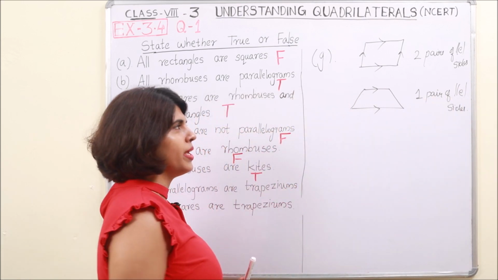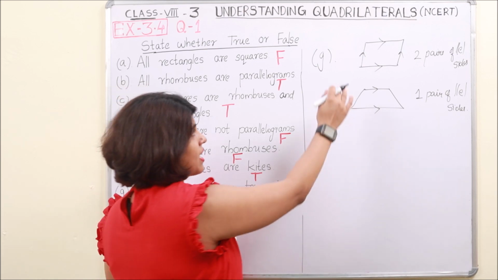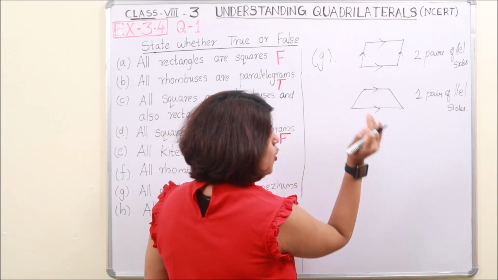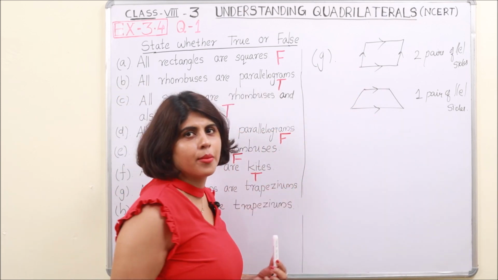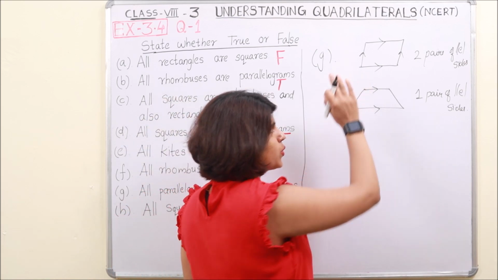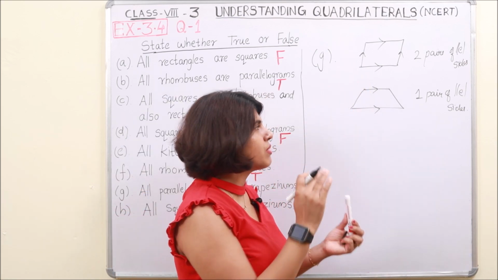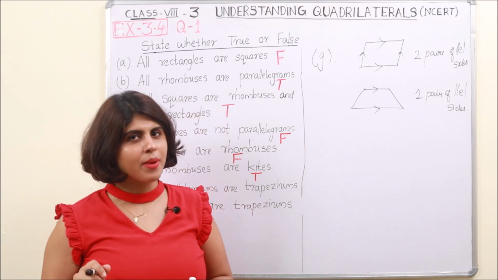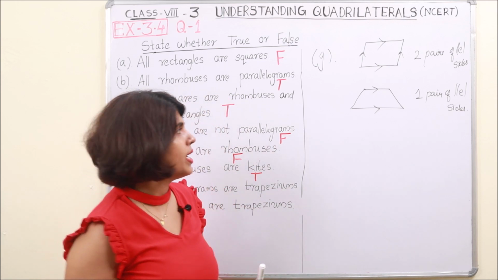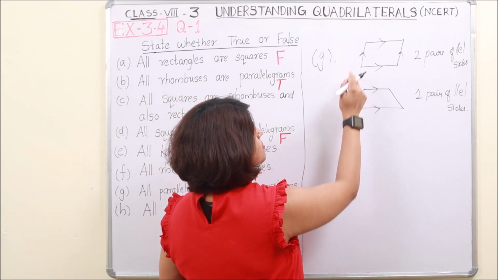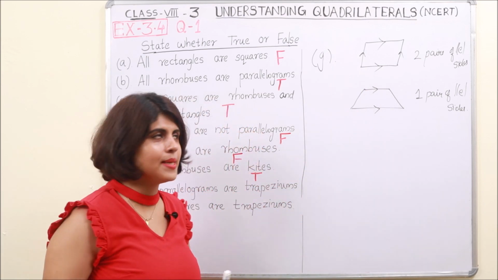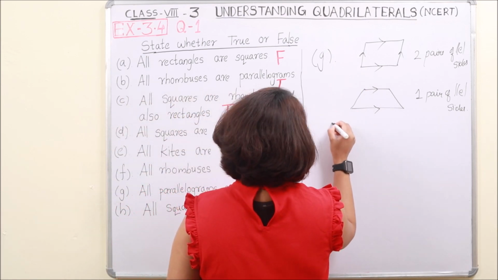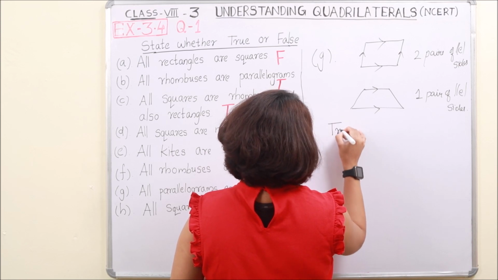Therefore, a parallelogram satisfies all the properties of a trapezium, because it already has two pairs of parallel sides, but to form a trapezium, only one pair is needed. So all parallelograms are trapeziums. Clear? So the statement is true.